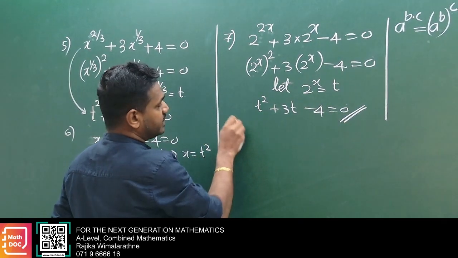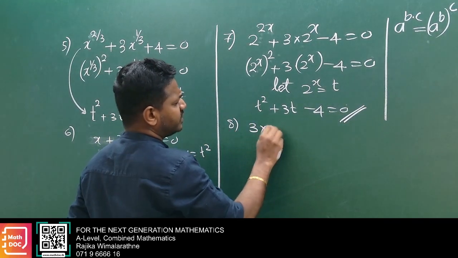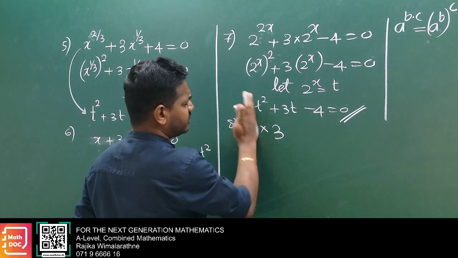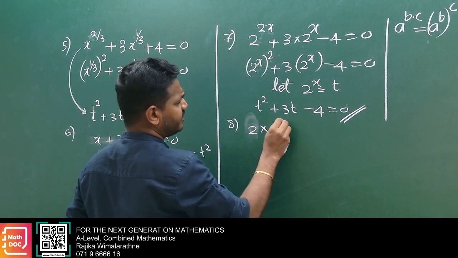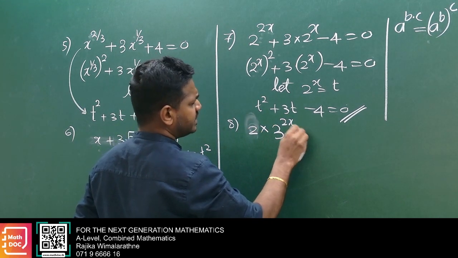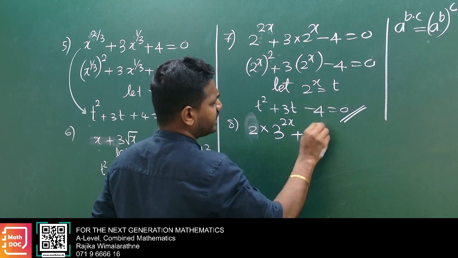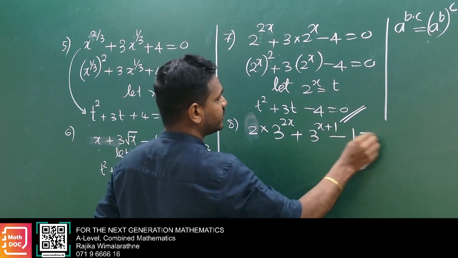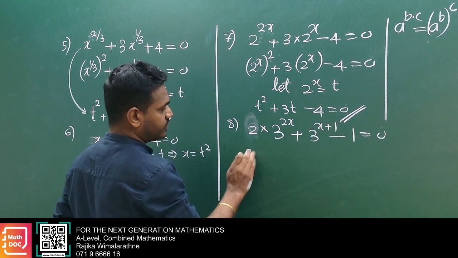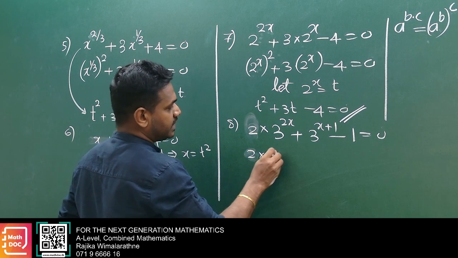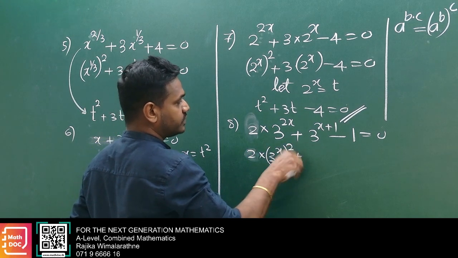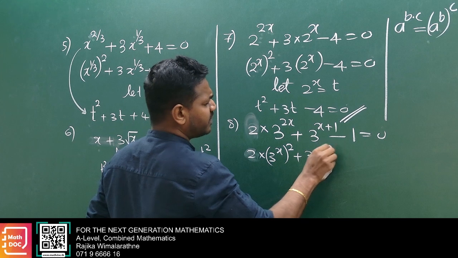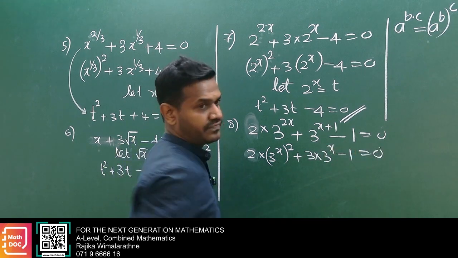Now the 8th one: 3 times 3 to the power 2x plus 3 to the power x plus 1 minus 10 equals 0. Here, 2 times 3 to the power x, squared, plus 3 times 3 to the power x minus 10.